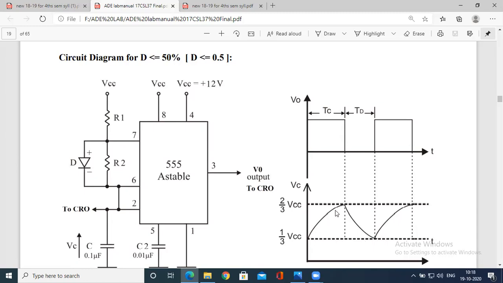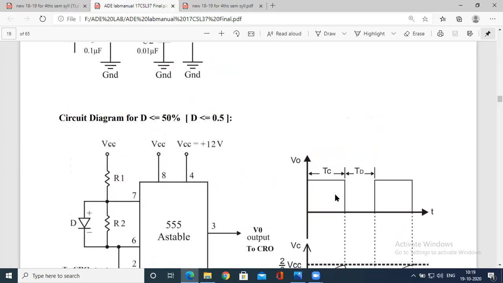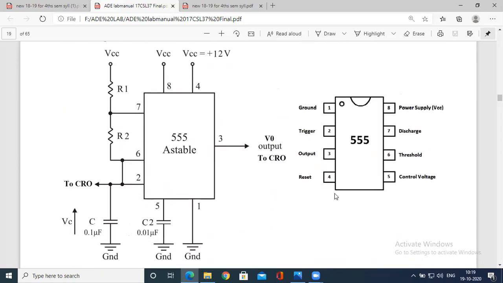In fact, this is for a 50% cycle, so you could see charging time is equal to discharging time. Why? Because we have taken the duty cycle equal to 50. In the CRO we have different calculations to find the charging time and discharging time. We'll show you the calculations on that.